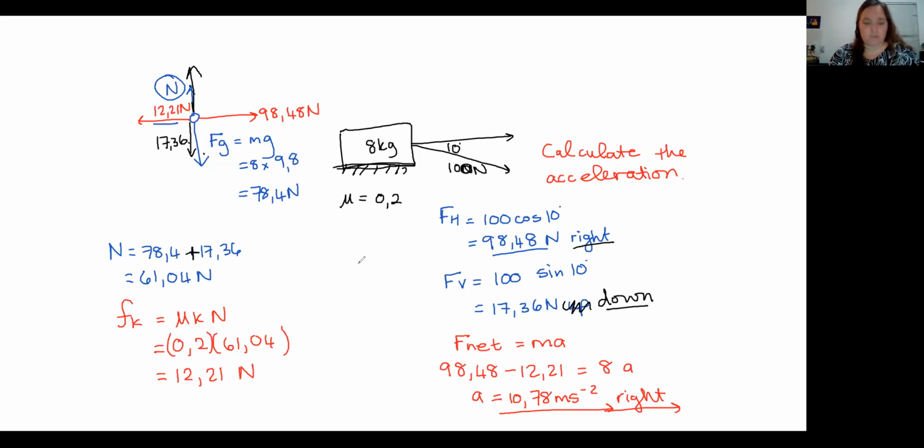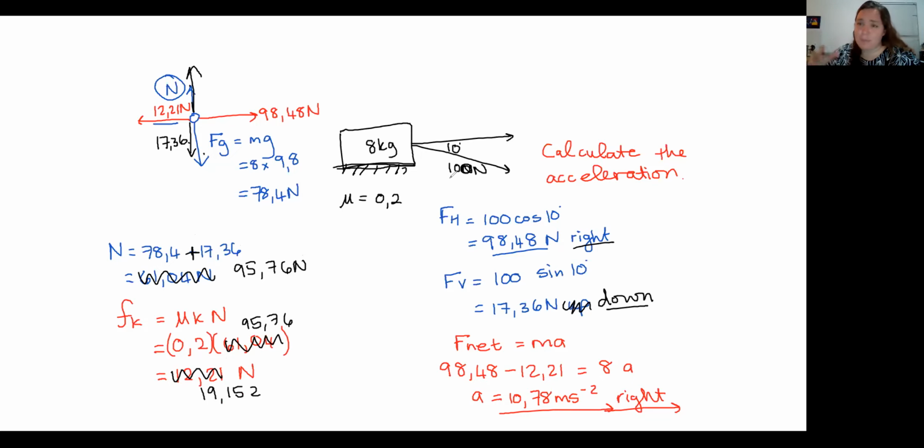So if I worked that out, 78.4 plus 17.36, this value would change to 95.76 newtons. And this, if we multiply it by 0.2, would change to being 19.152. And can you see we've got a greater frictional force?